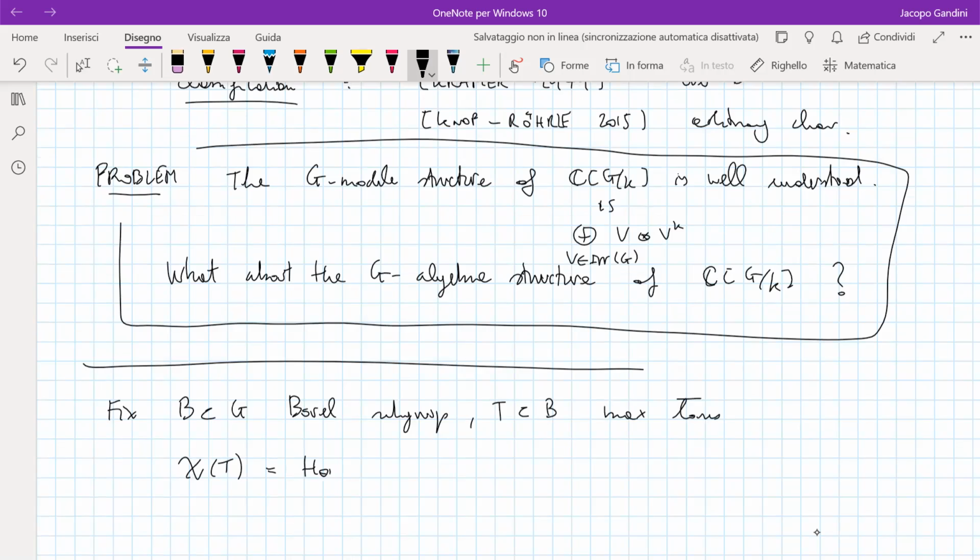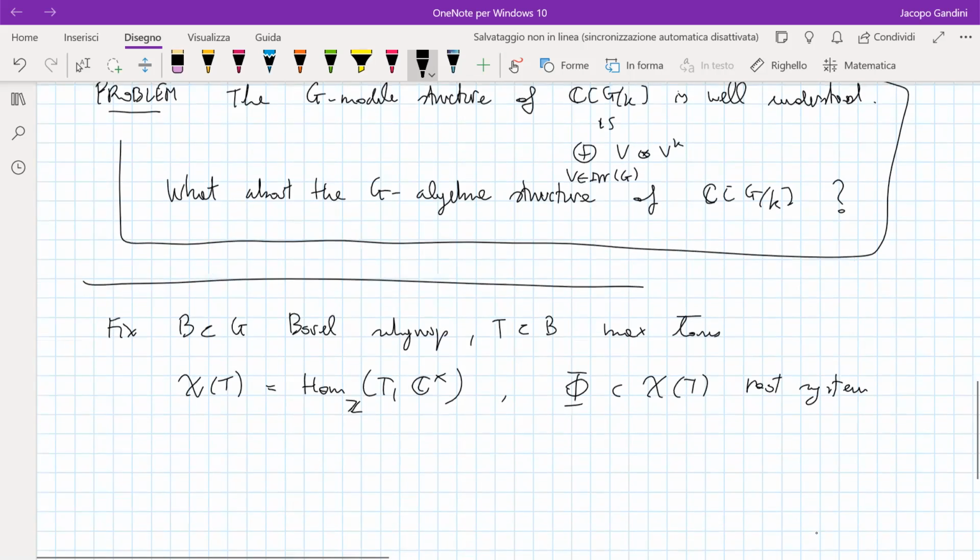So these are the homomorphisms of T to C star. And we have the root system. Okay, and also let's fix a base, the base defined by the Borel subgroup.